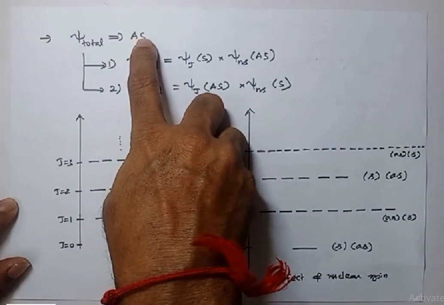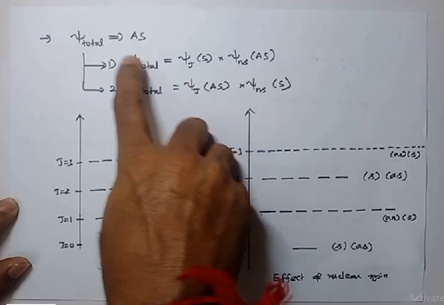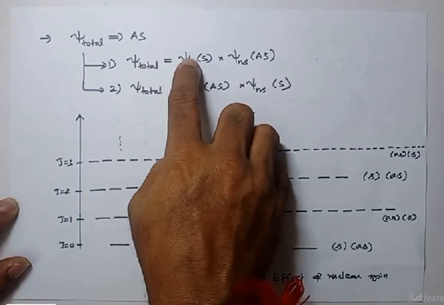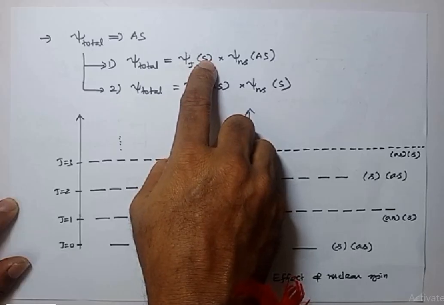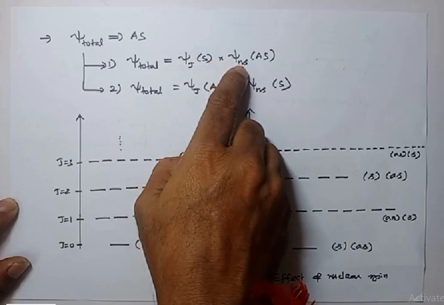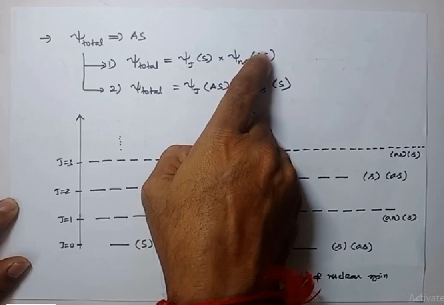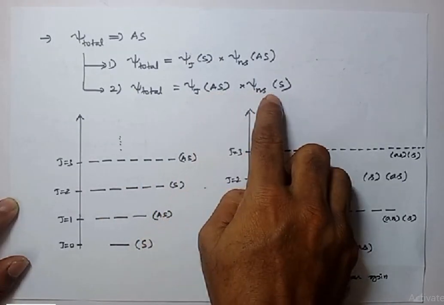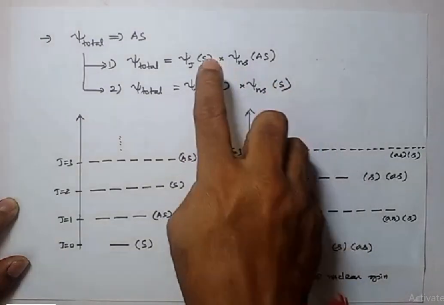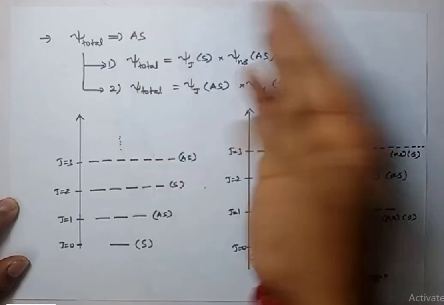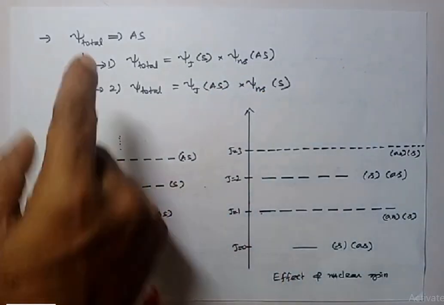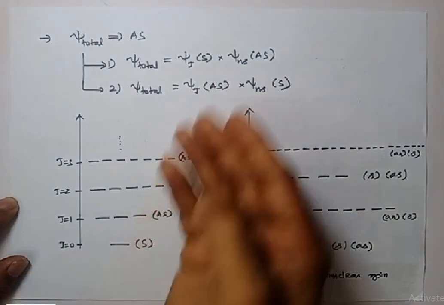For the total wave function to be antisymmetric, either the rotational state should be symmetric and the nuclear spin state antisymmetric, or the rotational state antisymmetric and the nuclear spin state symmetric. Symmetric into antisymmetric is antisymmetric. Antisymmetric into symmetric is also antisymmetric. So there are 2 possibilities.